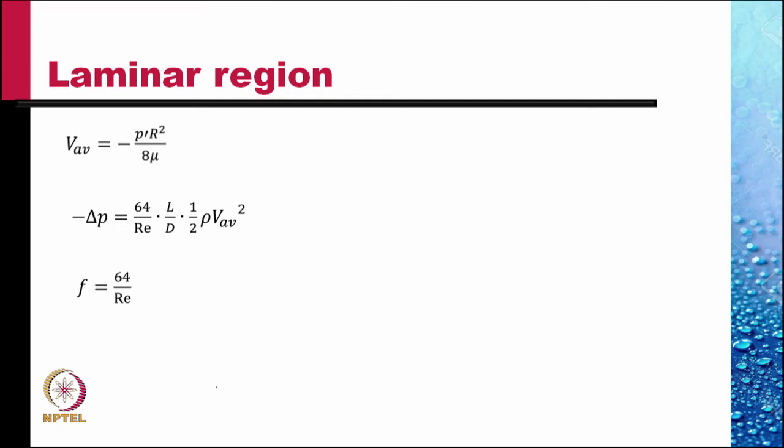If we cast this in the form of f, we get f is equal to 64 by Re. So in the laminar flow region, the Darcy friction factor f varies like 64 by Re.